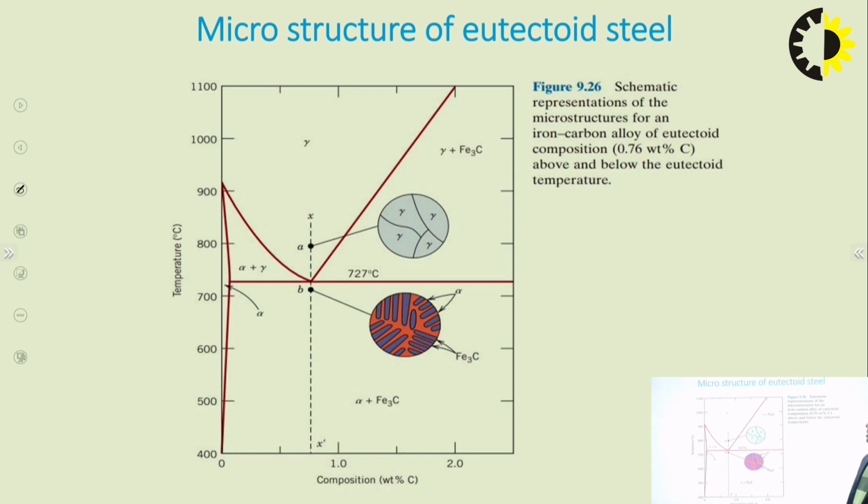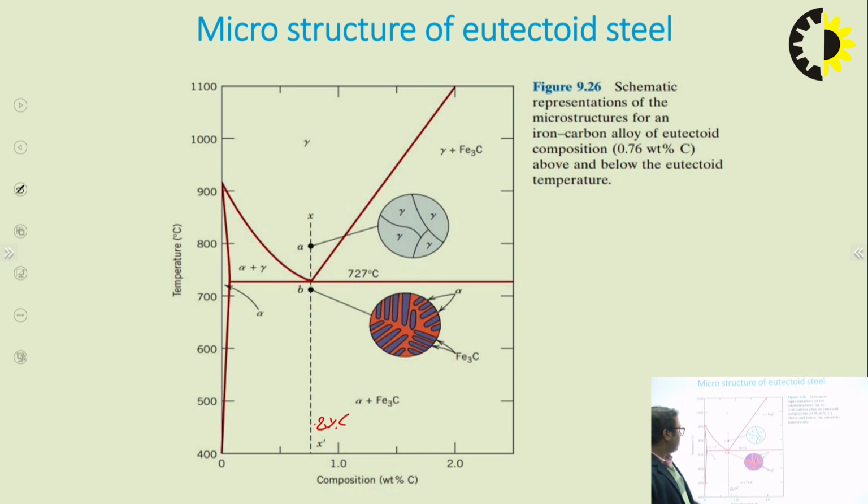So in the last we will see the various microstructures of eutectoid steels. I have already said that eutectoid steel forms at 727 degrees temperature and at 0.8% carbon solubility. You can see temperature on the y-axis and carbon percentage on the x-axis.